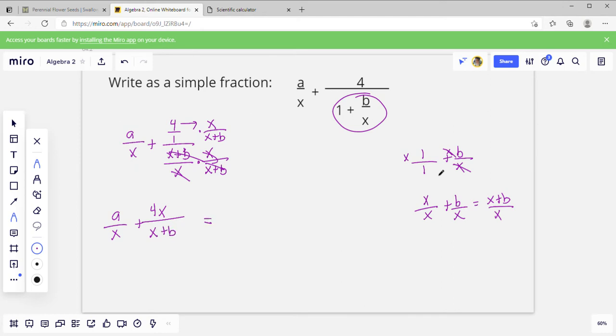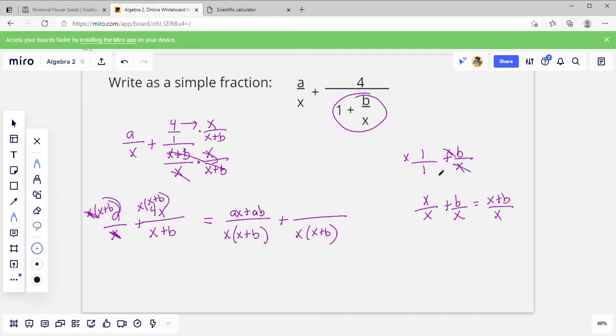Alright, so now we got to get a common denominator, which is going to be multiplying both of these together. So it's going to be x times x plus b. And another x times x plus b. And then we multiply both of these. Okay, right here we cancel out those x's, so it's a times x plus b, which would be ax plus ab.